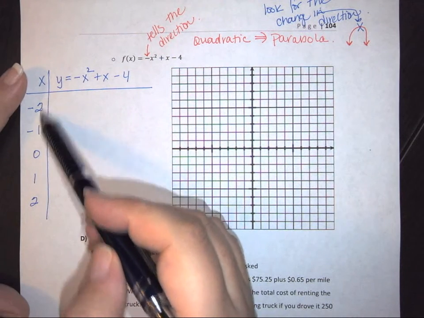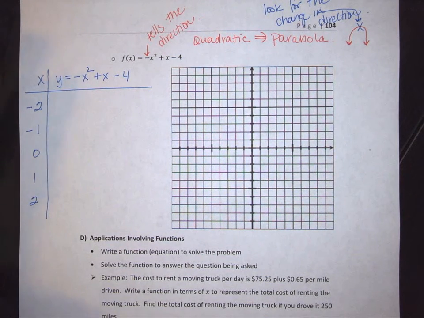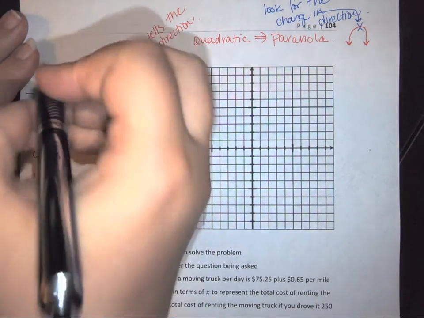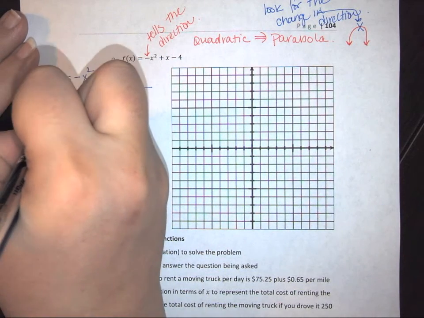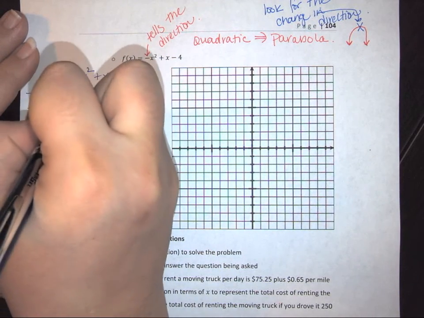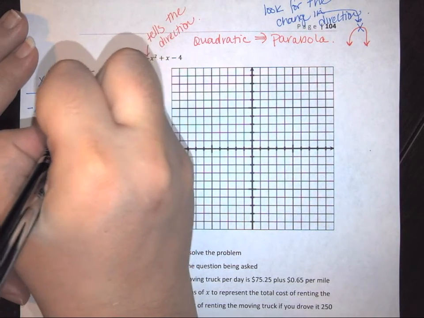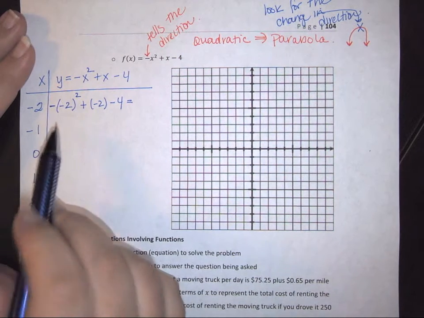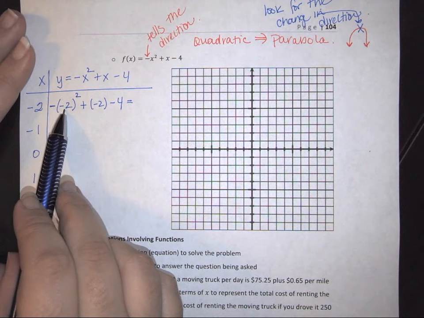So let's see if these 5 points are going to give me what we're looking for and allow us to graph that parabola without any problems. So we have to plug that -2 in. So this becomes the negative of my -2 squared plus a -2 minus 4. So -2 squared is 4.